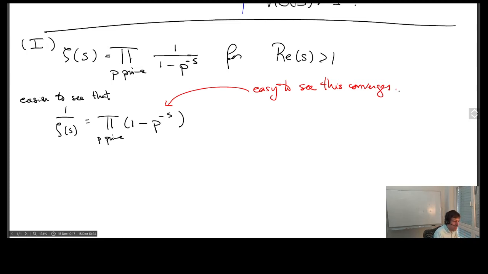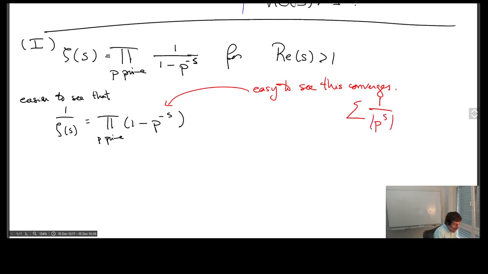We saw that infinite products converge if and only if, when we write it as a product of 1 plus some term, the sum of those terms converges. So if s is bigger than 1, then the sum of 1 over p to the s converges.